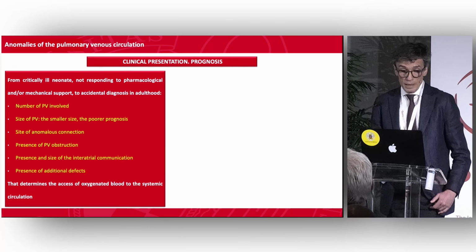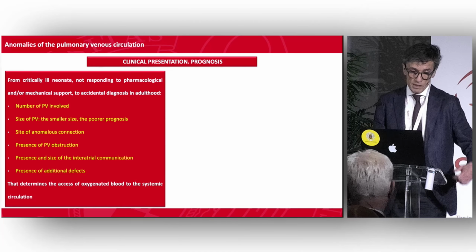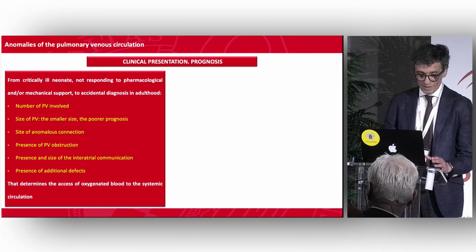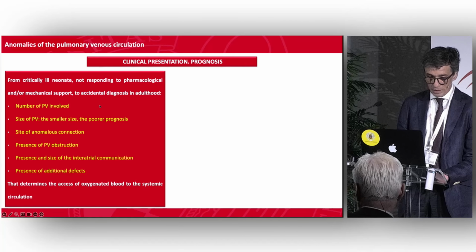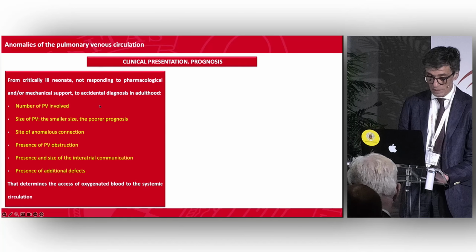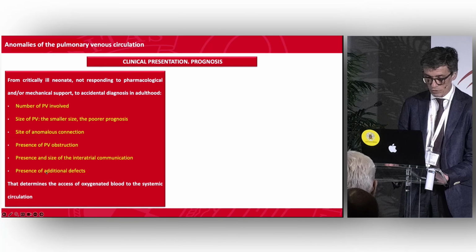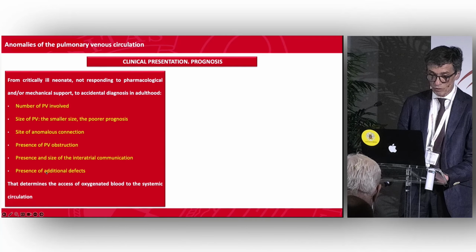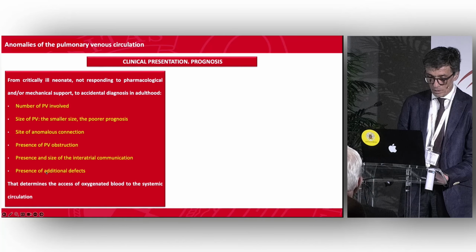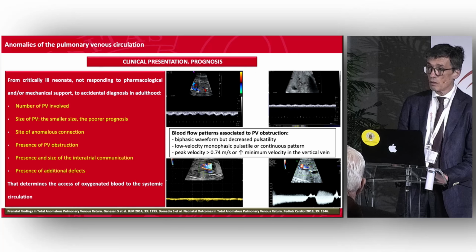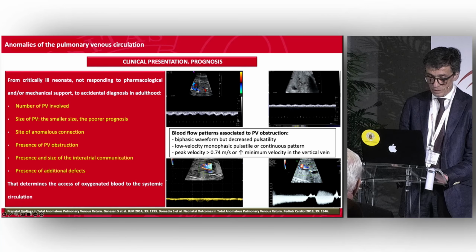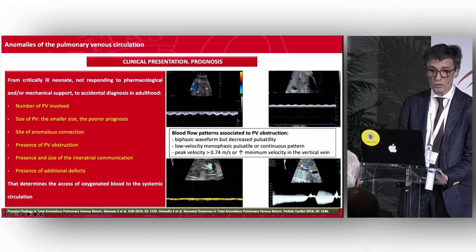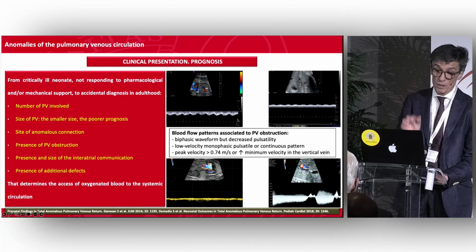The clinical repercussion of this condition can vary very much, from completely asymptomatic to a critically ill baby, depending on several factors. One of the most important is the obstruction of the pulmonary venous return. There is no consensus on how to define pulmonary vein obstruction. There are several patterns associated with obstruction of this vertical vein.